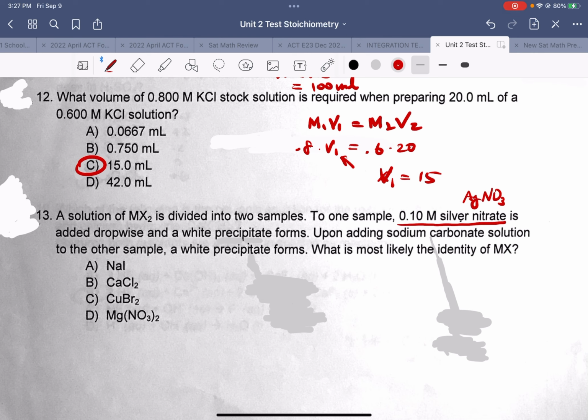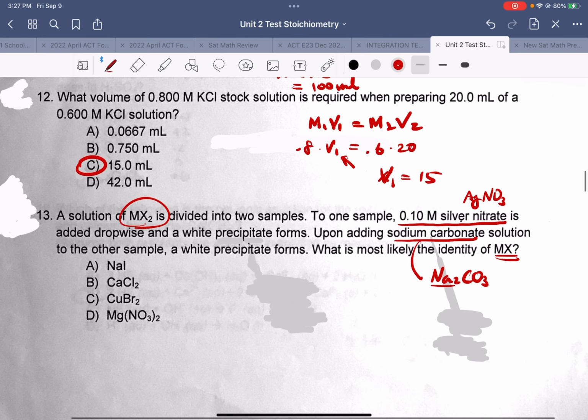On adding sodium carbonate, which is Na2CO3, because CO3 is 2 minus and Na is 1 plus, so you need 2 sodium ions, to the other solution, a white precipitate forms. What is the most likely identity of MX2?